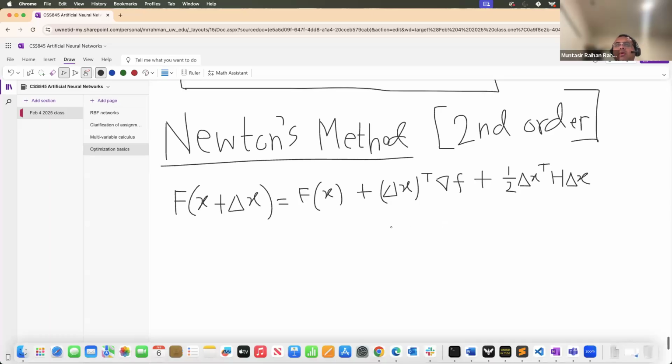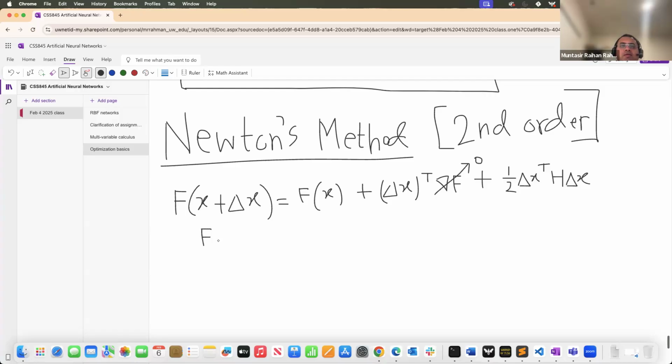Okay, so now for Newton's method, if I want to optimize f or find a minimum, my first order condition is that my gradient must vanish, right? So let's set this to 0 and let's work with what else we have.